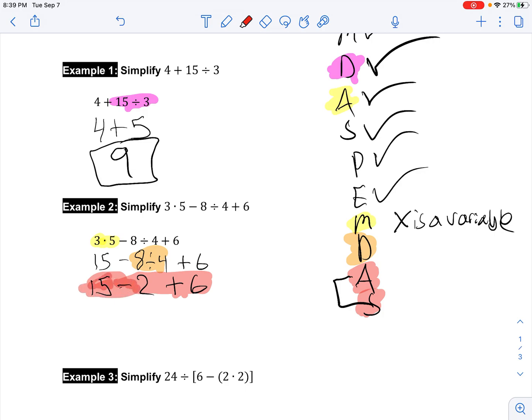So we're actually going to do the subtraction first, just to make it a little bit easier for us. I'm going to start with 15 subtract 2, and that gives me 13. And then 13 plus 6 gives me 19. So my completed simplified version is going to be 19.